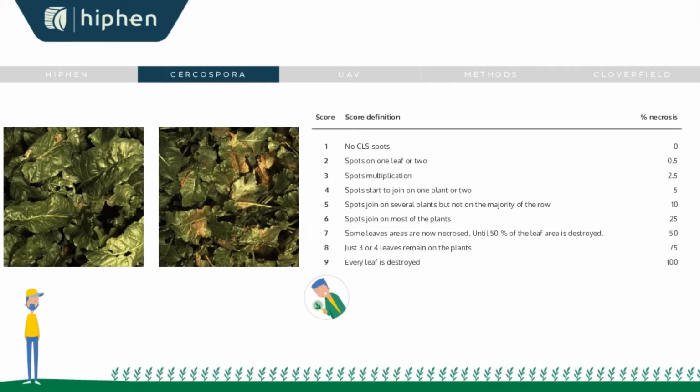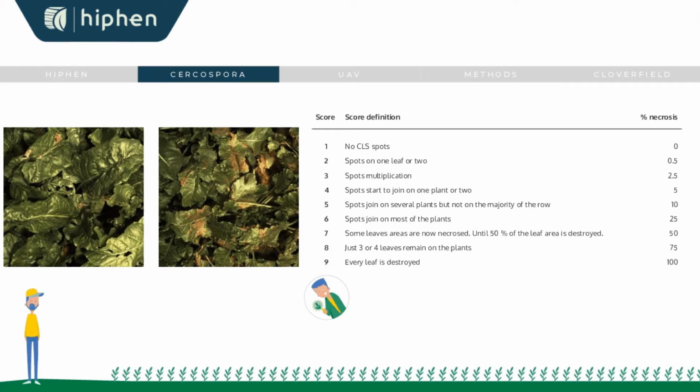Jumping in about Cercospora itself. Cercospora is a disease that we assess here in sugar beet breeding trials. It is a scavenger that will basically eat up the leaves, and you can see here on the scale that we represented the way as humans we try to visually score the impact of the disease.